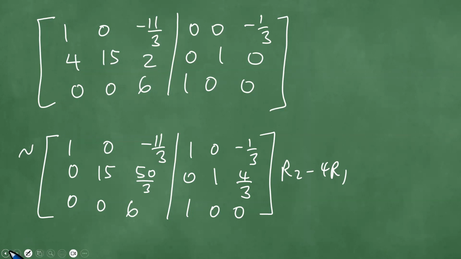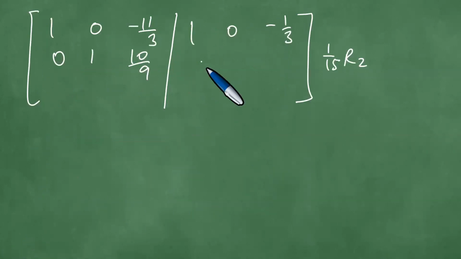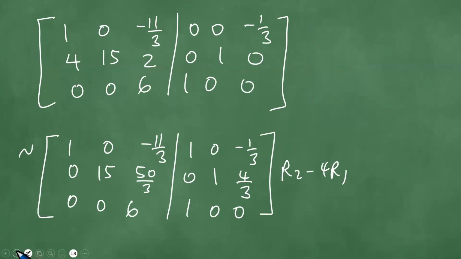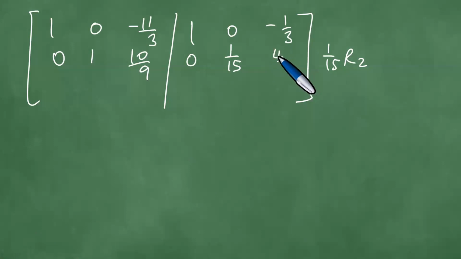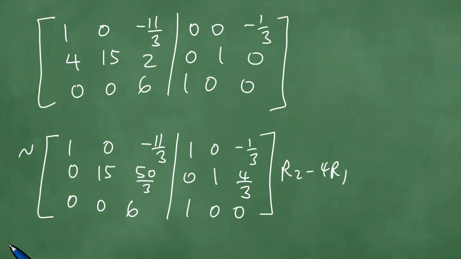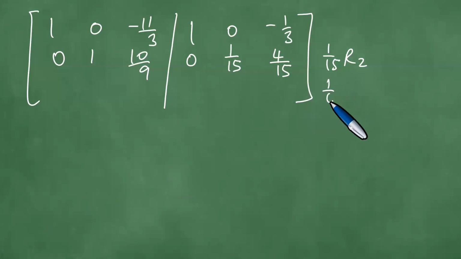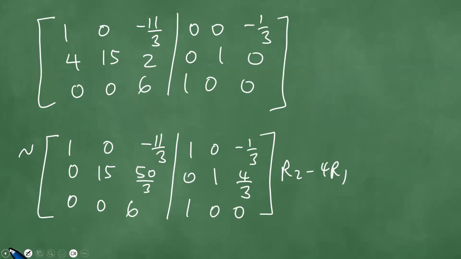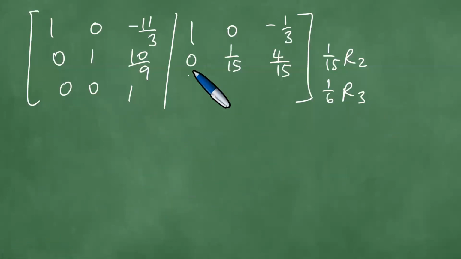Right, so 0, which is 1 out of 15. 15 here. Okay, then here we multiply by 1/6. Which is 1/6 double 0.